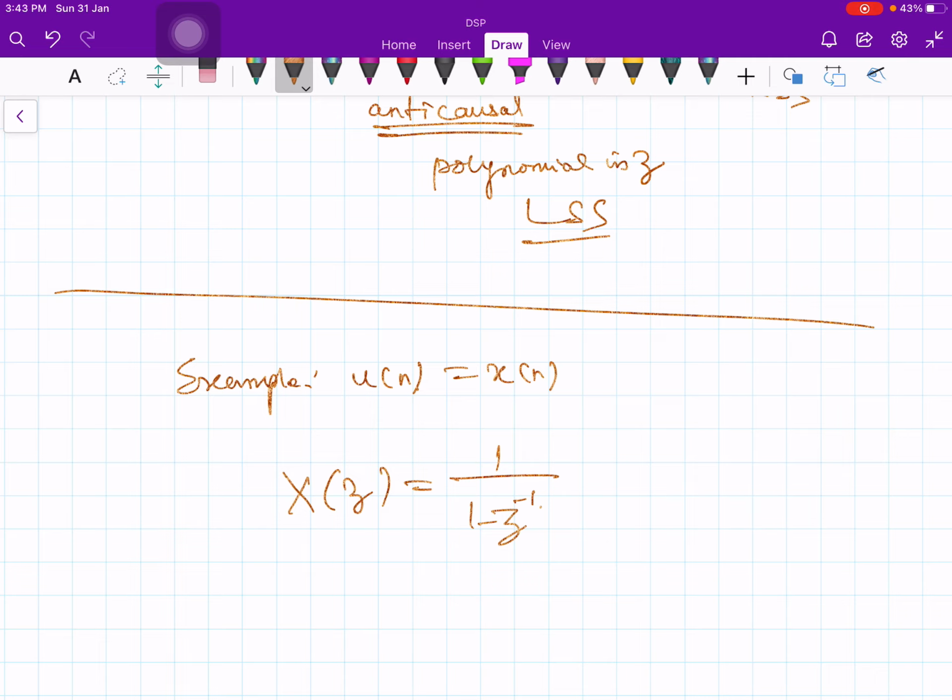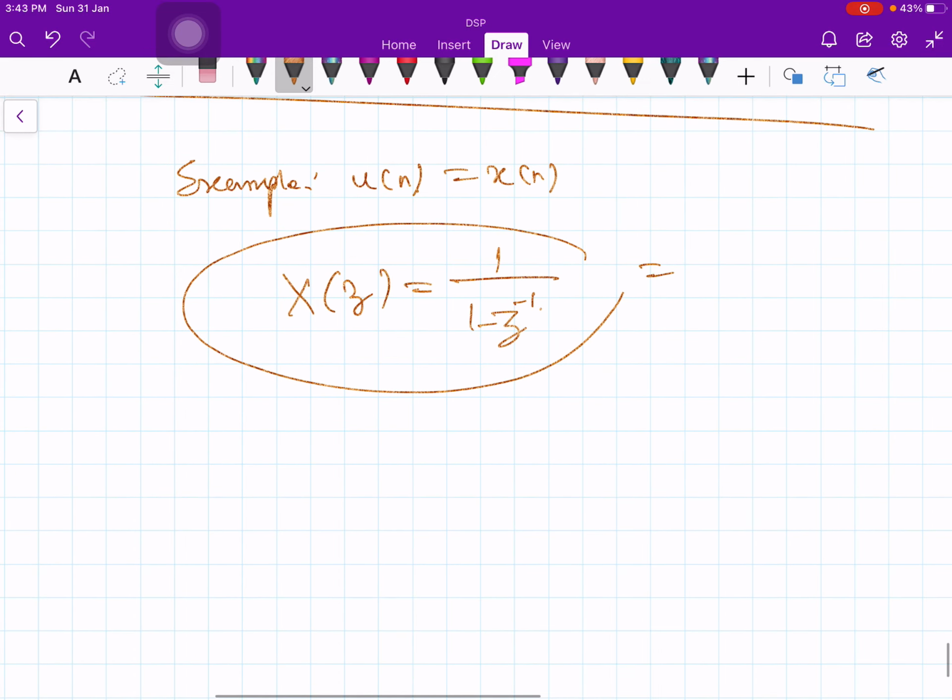But suppose the nature of the sequence is not specified, you are only told that X of Z equals 1 divided by 1 minus Z inverse, then how will you find the inverse Z transform? Obviously there can be multiple answers if ROC is not given. The answer will not be unique unless the ROC is specified.